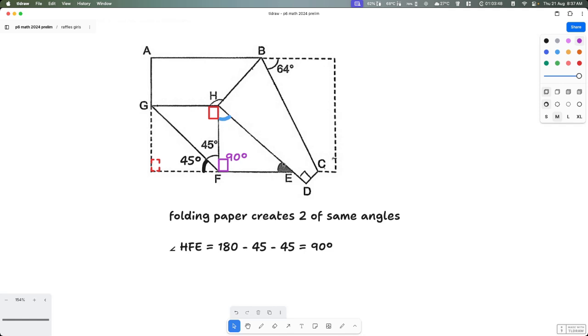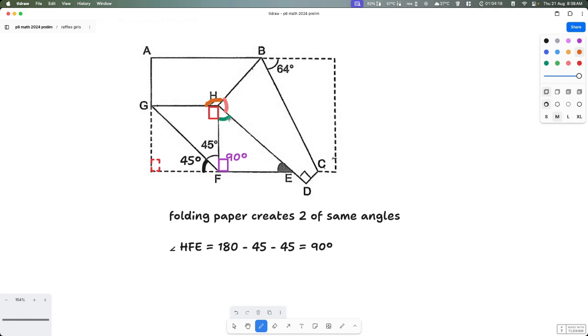So the next thing is we want to get this blue. To get this blue, we need to get this angle. Wait, this is already green. To get the green angle, we need to get the pink angle, and also this orange angle as well. So how do we get the orange, and the pink one over here?